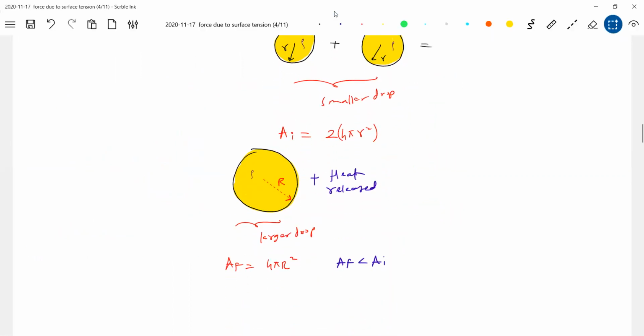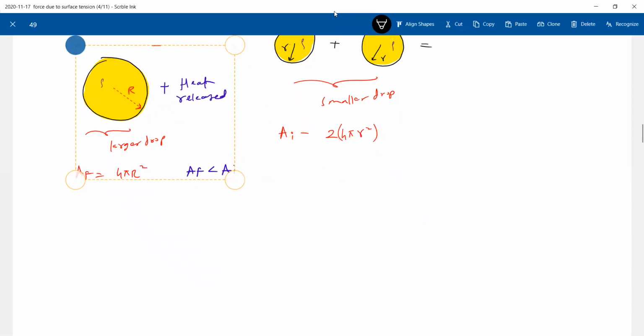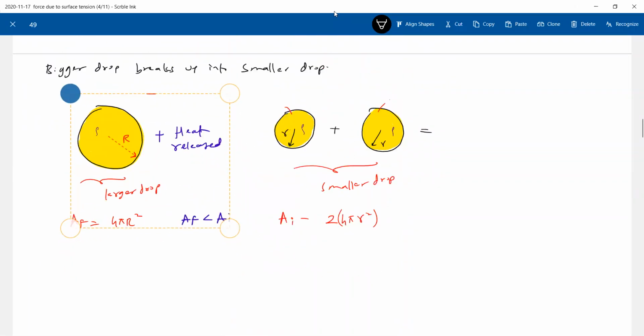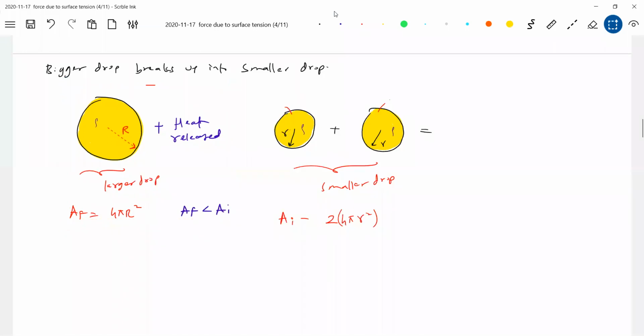Just the same thing, we already have the information, I will just rearrange them. Tell me what will happen here. We are very sure AI will be greater than AF, from the previous data. So what is the conclusion?